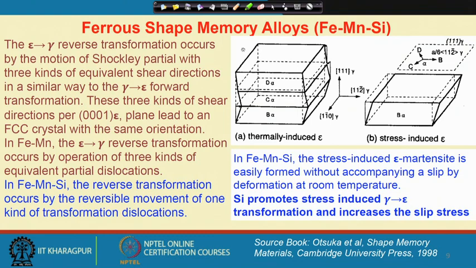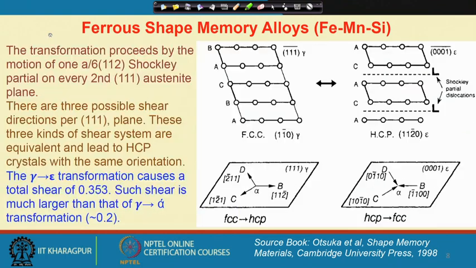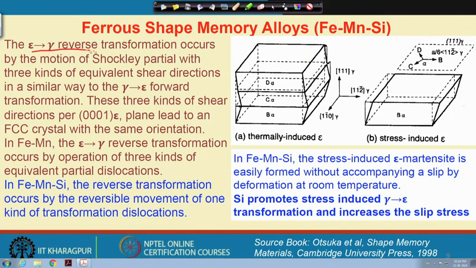So, in the ferrous shape memory alloys, the reverse transformation occurs by the motion of the Shockley partial with 3 kinds of equivalent shear direction from gamma to epsilon.